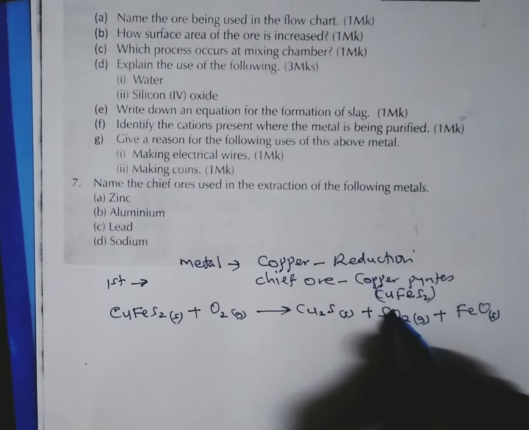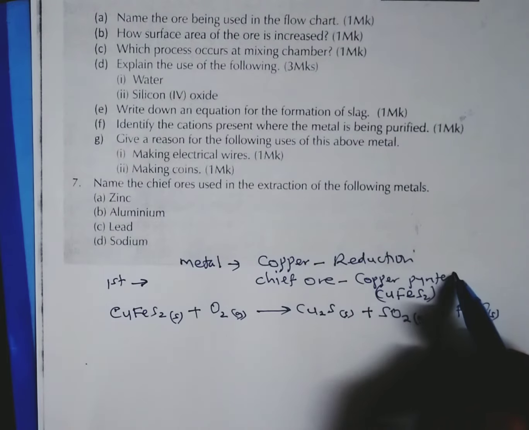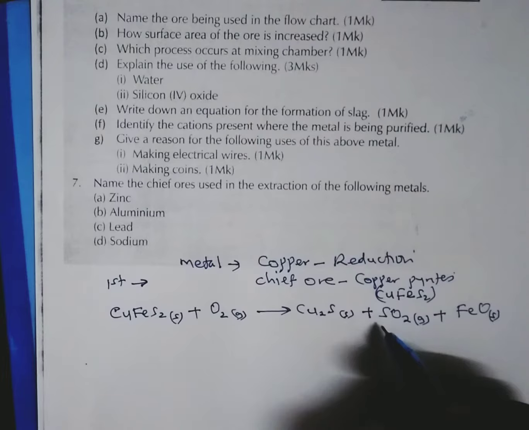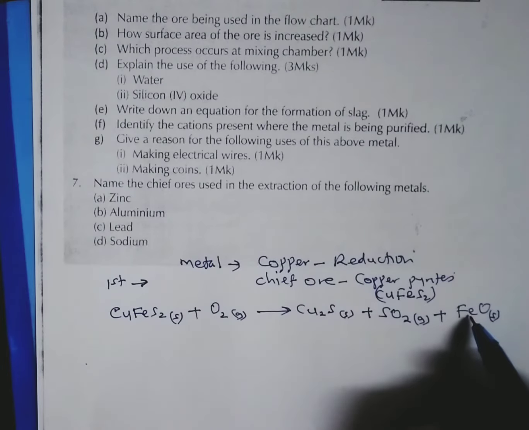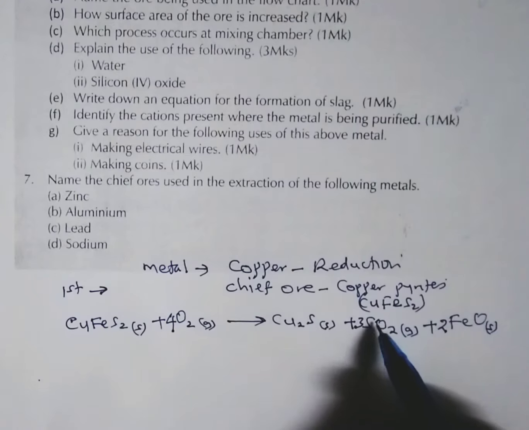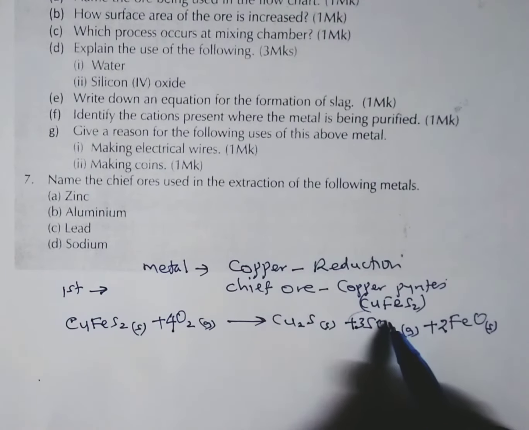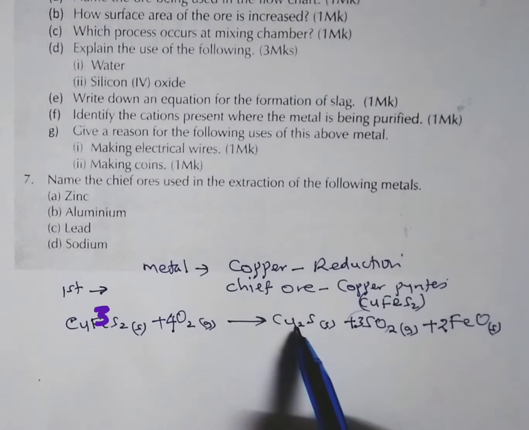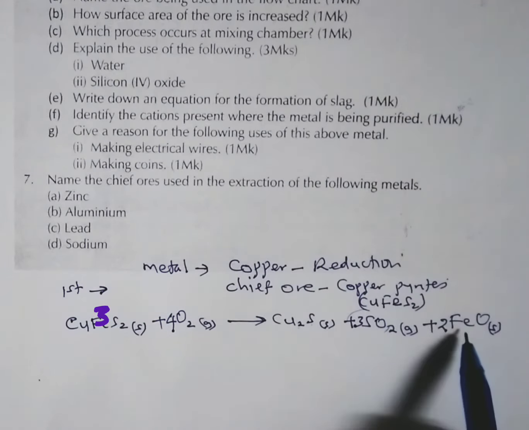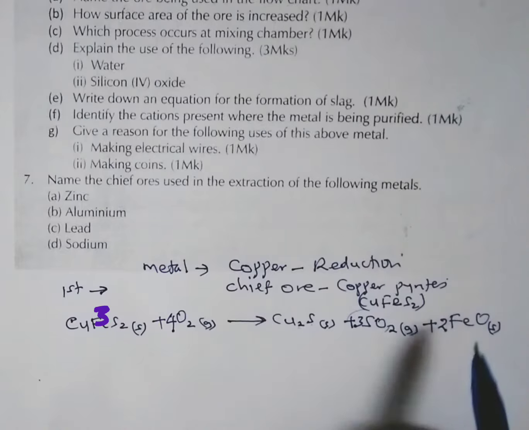Sulfur 4 oxide of course escapes, or it is tapped and used in contact process. We remain with copper 1 sulfide and iron 2 oxide. Once sulfur 4 oxide has been tapped off, we remain with copper 1 sulfide and iron 2 oxide.